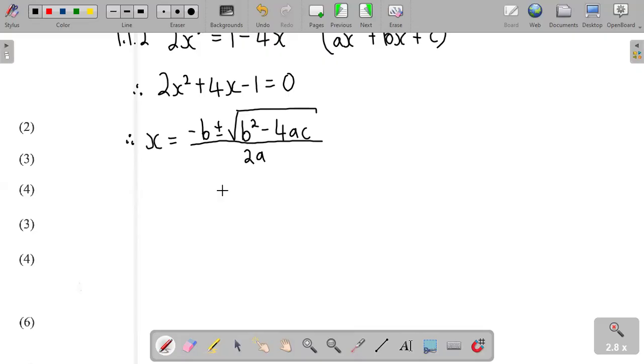So we look at the equation. The 4 here is b, 2 is a, and negative 1 is c.